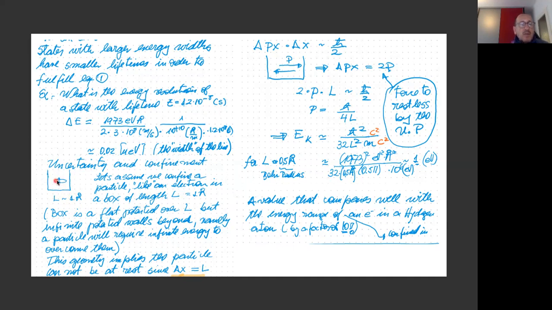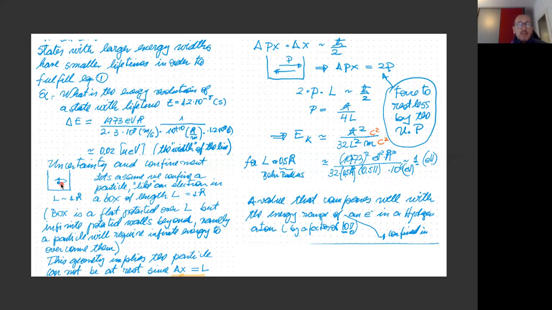It's a flat potential, so it can move inside the box as if it was a free particle. It could have a well-defined momentum going in this direction, and a well-defined momentum going back, because it will bounce from the box, going back and forth. Just by the fact that we are confining this particle, we are forcing this particle to move.